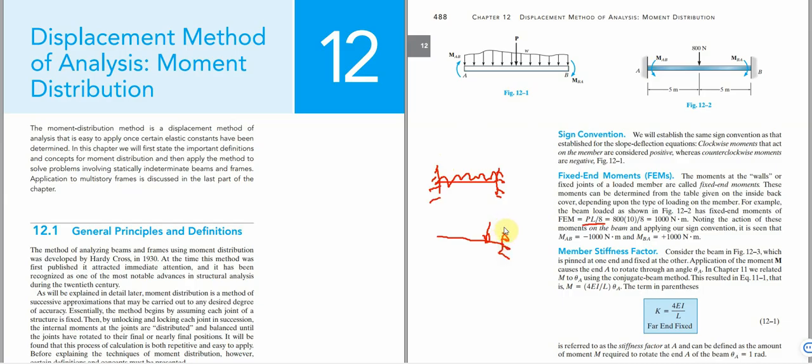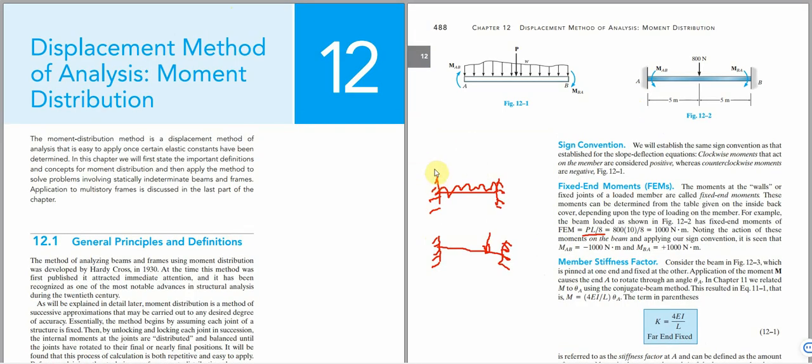There's a fixed end moment table that we'll be using. I will show what this fixed end moment table looks like. Sorry, I will send the fixed end moment table to the class afterwards.